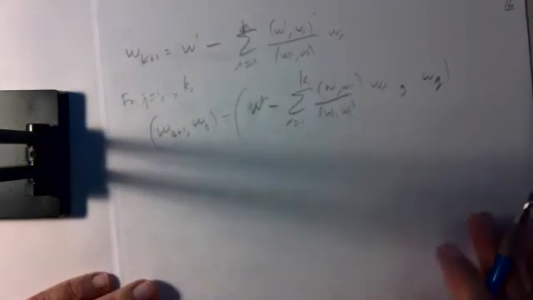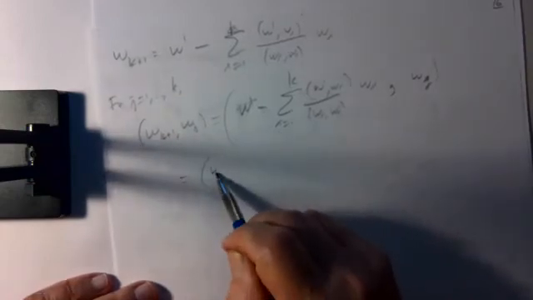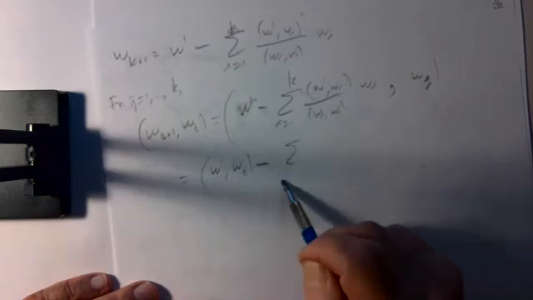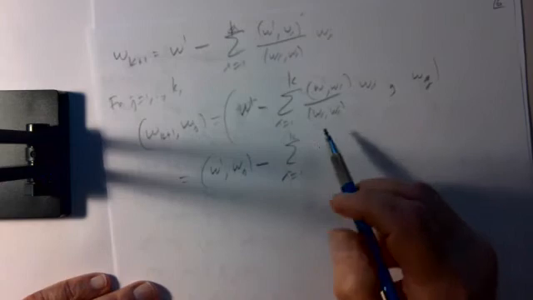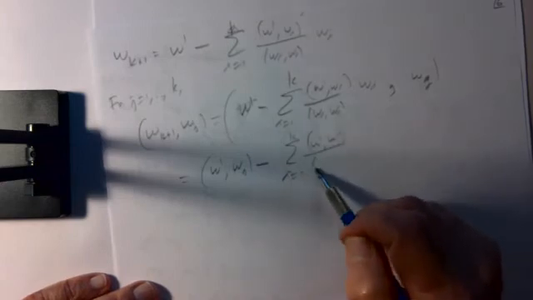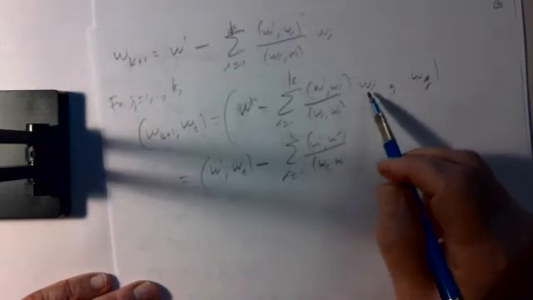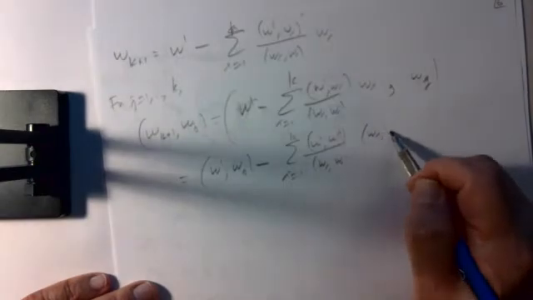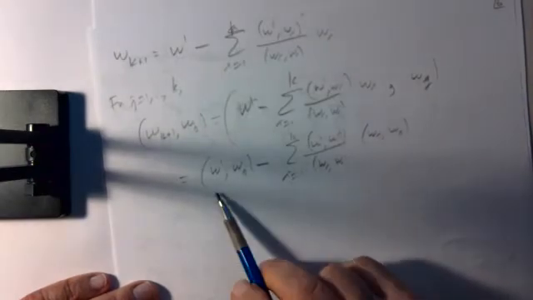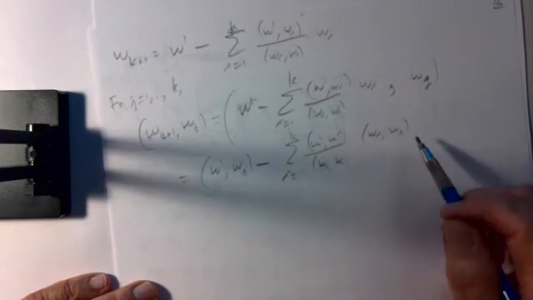And then I expand this by bilinearity. This is the inner product of w prime and w_j minus the sum, i goes from 1 up to k, of the inner product of w prime and w_i over w_i with w_i, that's just a scalar, times the inner product of w_i with w_j. So I have this inner product minus this sum of scalars times an inner product.